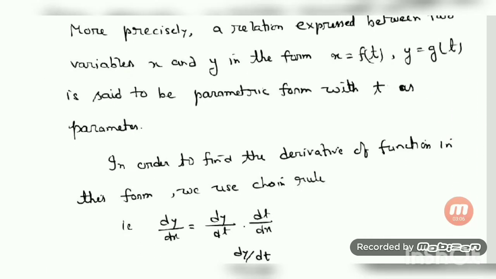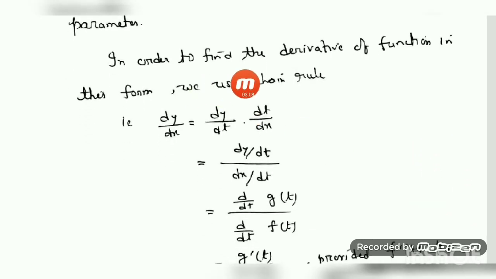If you want dy/dx, you take the derivative of y with respect to t, as y is a function of t, and then the derivative of t with respect to x. Now this can be written as dy/dt divided by dx/dt.